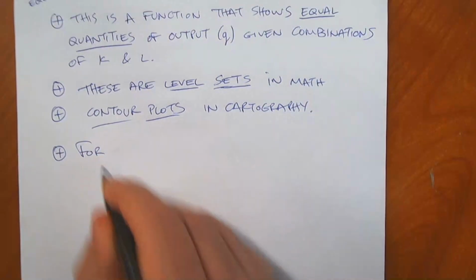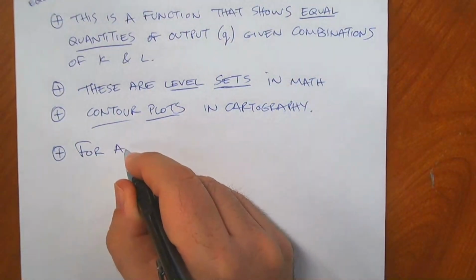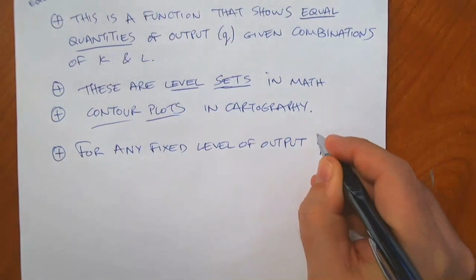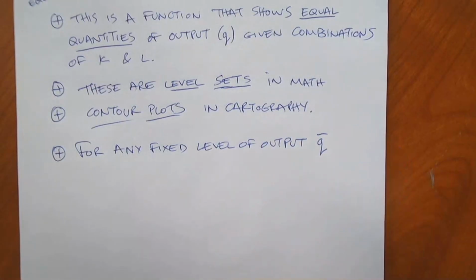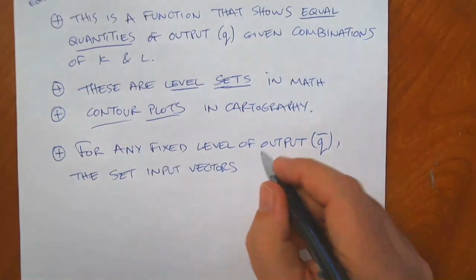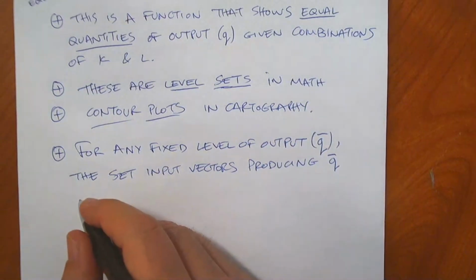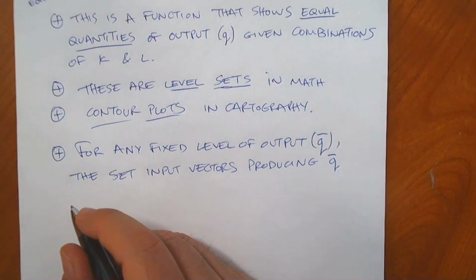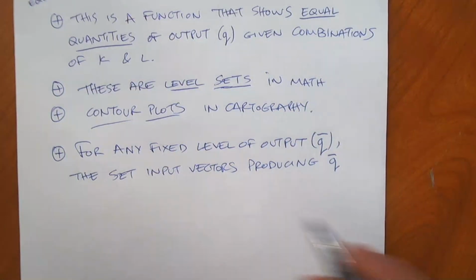So you say for any fixed level of output, and we're going to call that Q bar. You would typically put a bar on here to denote that we have fixed that, right? The set of input vectors producing Q bar is called the Q bar level isoquant.